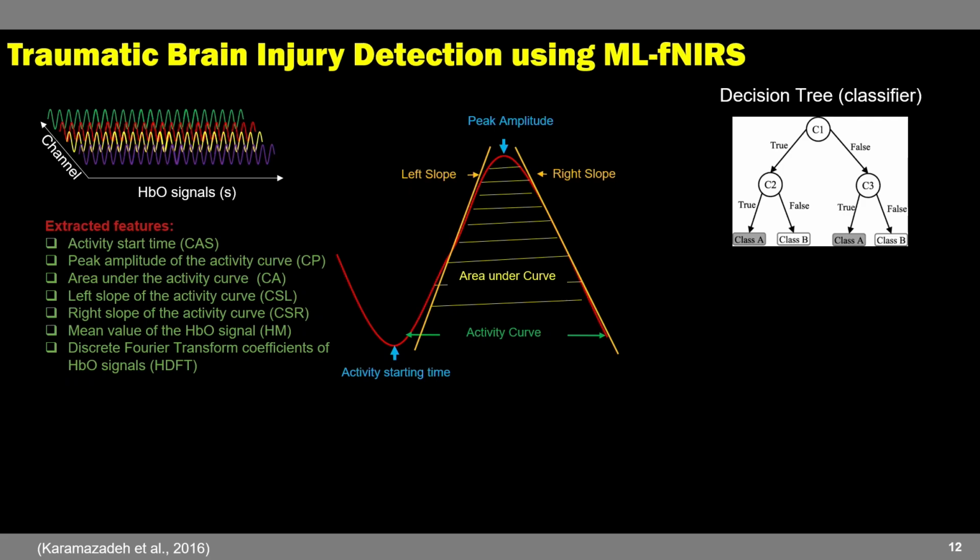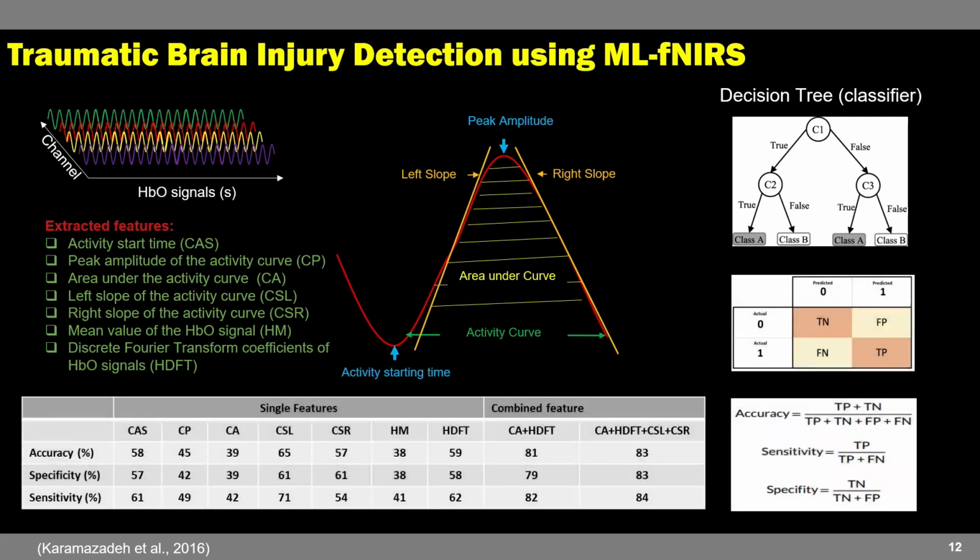If not, this may be a healthy person. After training this model, we can put new data in and get the prediction. Because we know whether this subject is a patient or not, we can get the predicted value and the actual value.